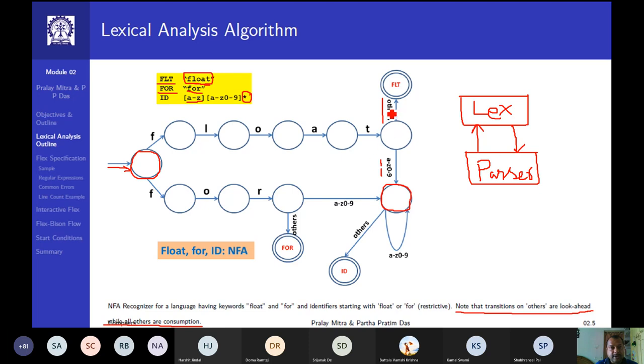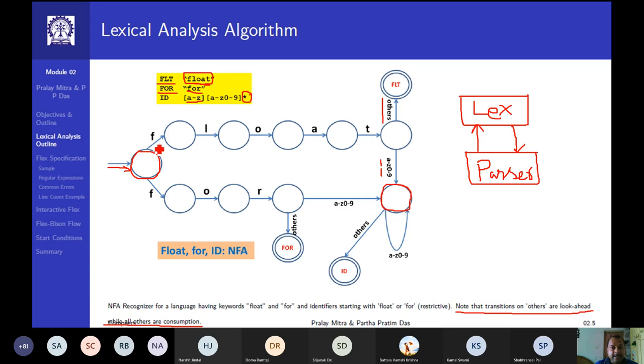Look ahead means when I am at the T position, then my cursor can see one step or 2 steps ahead. Usually let us start with one step ahead, and after seeing that one, it is predicting, okay, it will be the token class FLT. And here you see the double concentric circle indicates that this FLT is the final state.